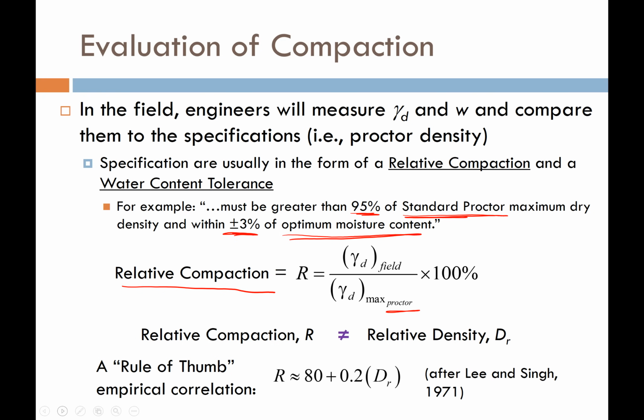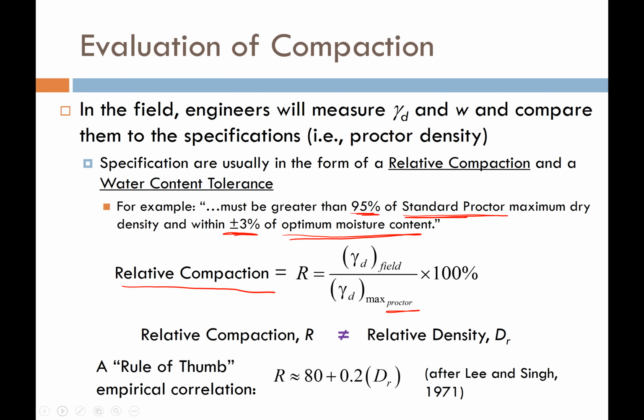Don't do that. Relative compaction is not the same as relative density. They're sort of related, but not really, because relative compaction is relative to some stated Proctor test. Relative density is relative to the maximum and the minimum void ratios of the soil.